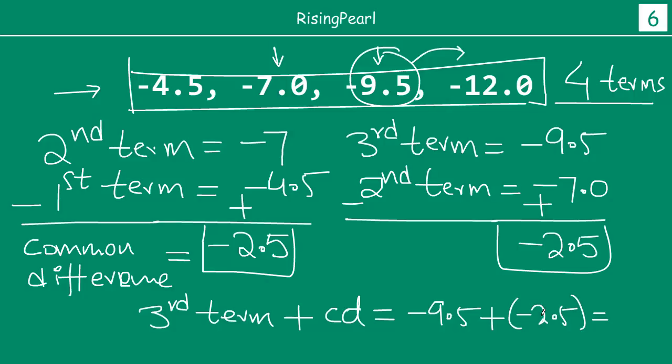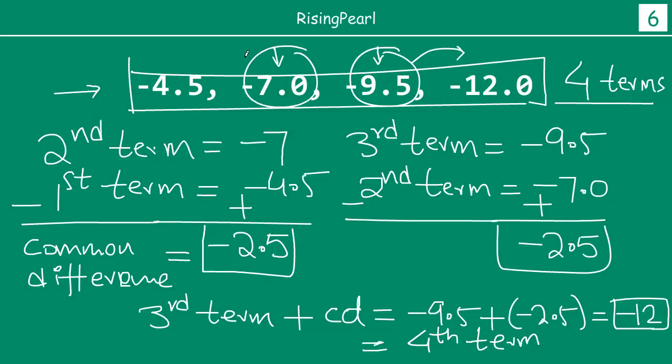So minus 9.5 minus 2.5 will be minus 12. So if we take the third term, add the common difference, we get our fourth term. Which makes sense, right? Because if you take any term and subtract the previous, you get the common difference, which is the same as if you take this term and add the common difference, you will get the next term.